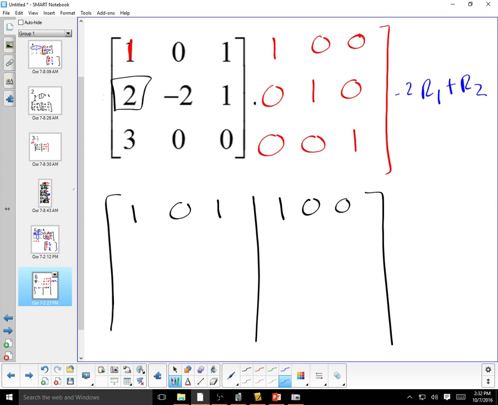You're lost? I totally just lost you. I want this 2 to become a 0. I thought we were going for the additive inverse. We are. And how did I say we were going to do that? Through the process of row operations. So I'm in the process of making the right side look like the left side right now. If you notice, this was already a 1, right? So did I have to do anything there at this point?